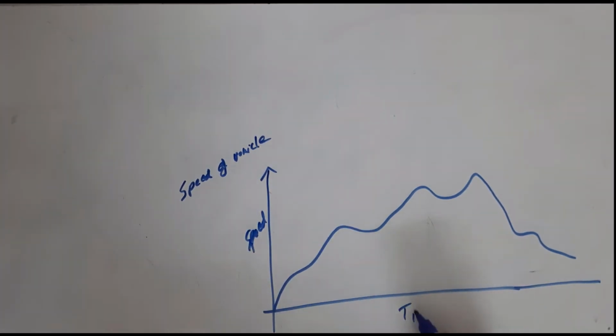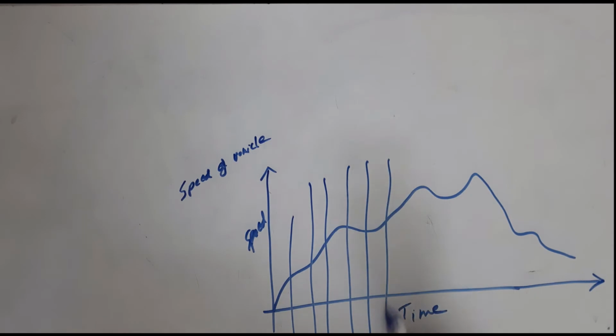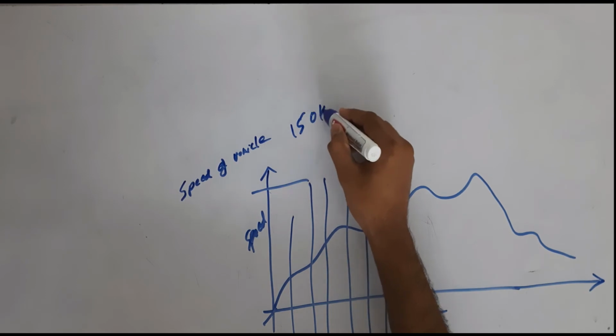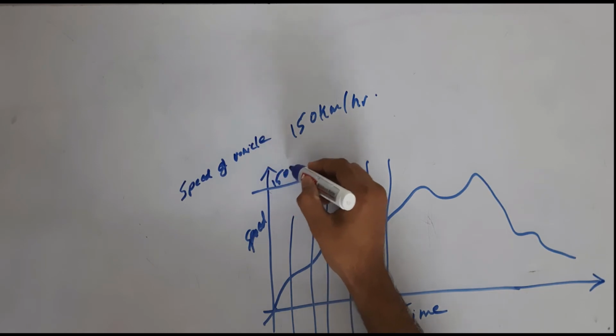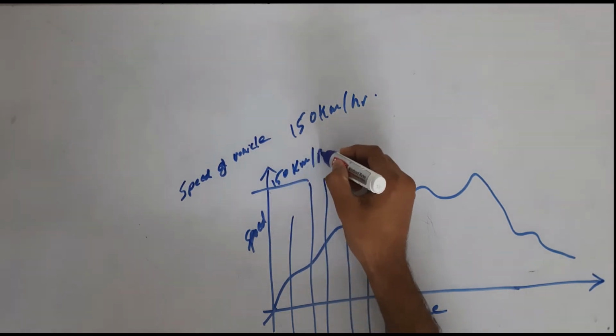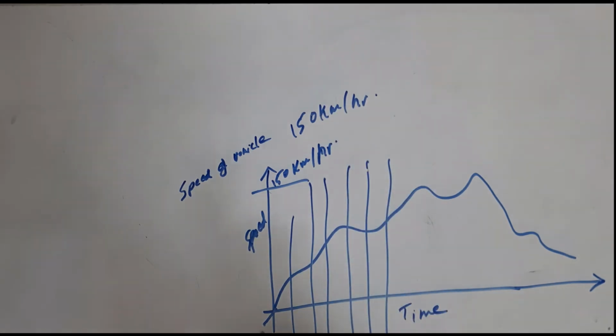So this is speed, this is time. This speed can take any value at any instance of time within the defined limits. Let's say the maximum speed of the vehicle is defined as 150 kilometers per hour. So this is our upper limit, and we plot the graph between the speed and the time.